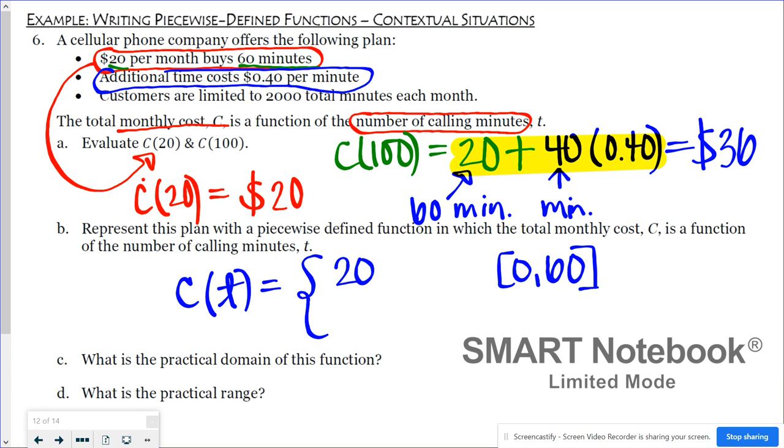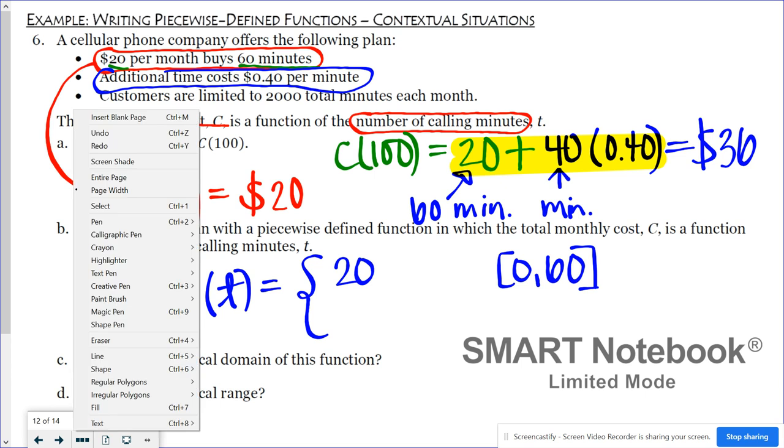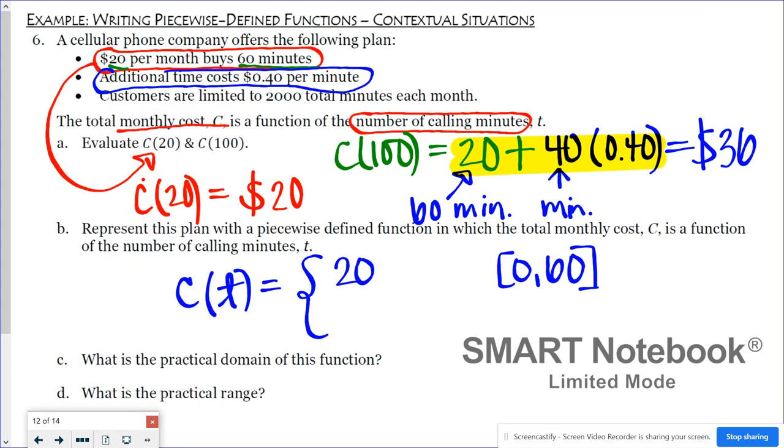We had the $20, which was representing what we paid for the first 60 minutes. And then the next thing we had was 40. So where did we get this 40 from? That 40 came from our 100 total talking minutes minus the 60 minutes we already paid for. So 100 was representing our time, and minus 60 is what the $20 paid for.